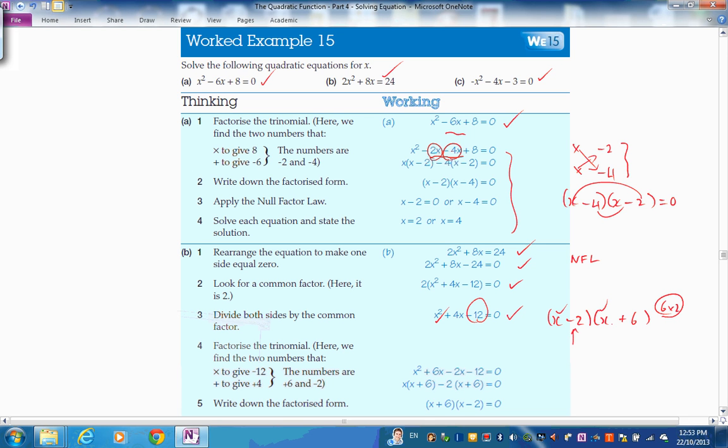One's got to be positive, one's got to be negative, because this is negative 12 when they multiply together. The positive times the negative is a negative. And the bigger one has to be positive, because 6x take 2x would be 4x. So this is going to take a bit of trial and error now. I'll use the bracket method. They're splitting the term into 2 factors that give 4, and multiply, of course, to give 12.